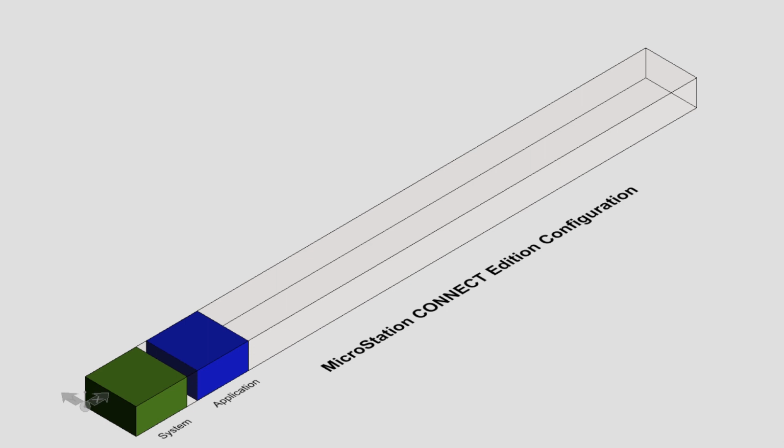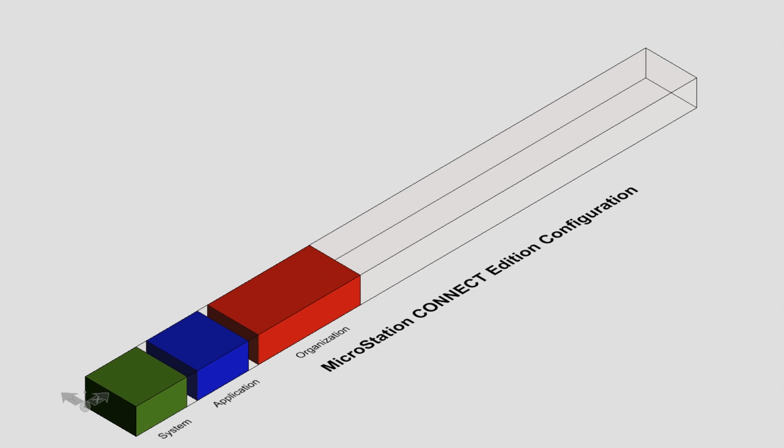After application, we have organizational-wide standards. Now this may sound new, but this is very similar to the standards directory or older site level of configuration. MicroStation provides a default example folder structure and accompanying standards.cfg that can be used as is or customized for your organization.